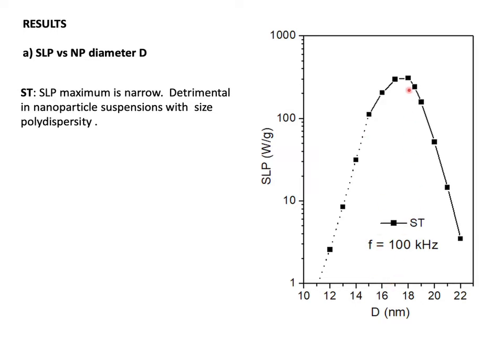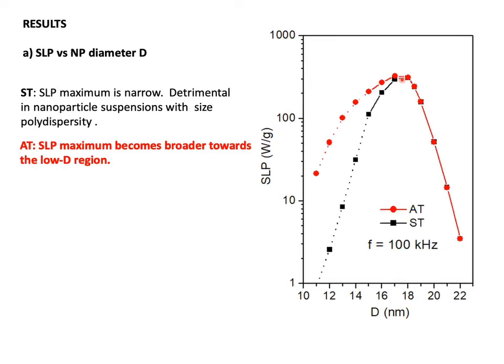You have to stay around 17 nanometers, and this is not very desirable when you deal with suspensions that typically have polydispersity of sizes, so you cannot maximize the SLP in this condition.